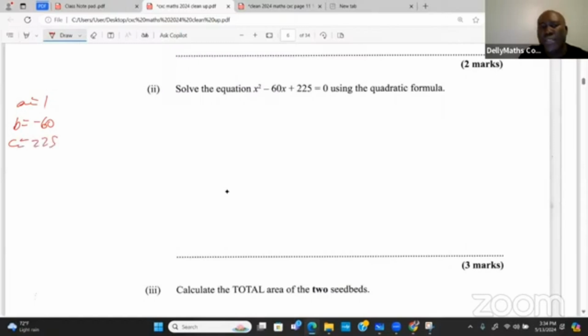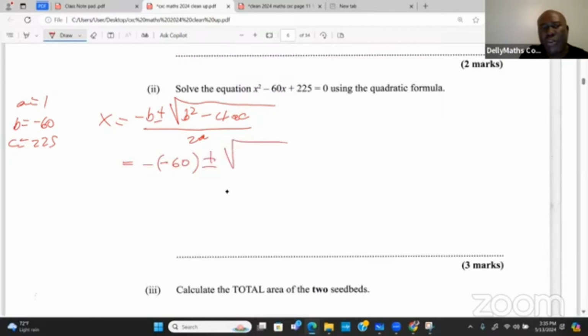We're going to set up our quadratic formula where x is equal to minus B plus or minus the square root of B squared minus 4AC, all of that over 2 times A. So let's go for it. Minus B, and B is negative 60, so we have a minus there. Plus or minus the square root of negative 60 squared minus 4 times A times C.